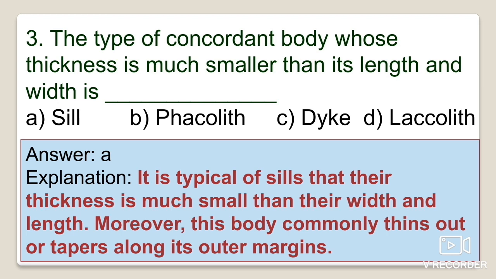There is also the mechanism, whether the rock formation has taken place first or the intrusion has taken place first. In most cases the rock will form first and then the intrusion will take place, but this is not a hard and fast rule. Sometimes intrusion can take place first, then the rock will form.